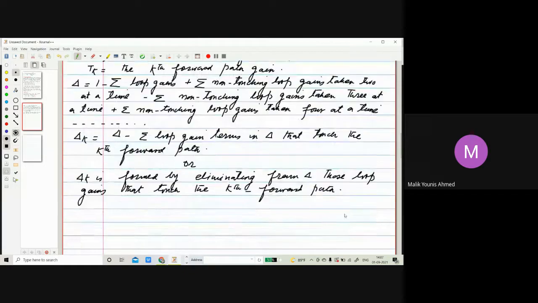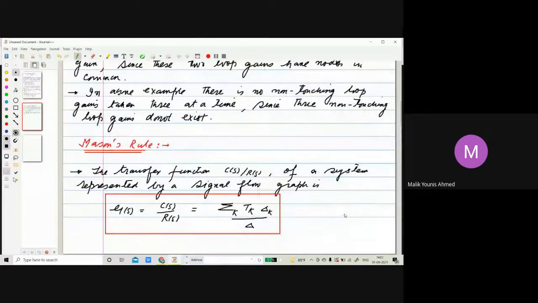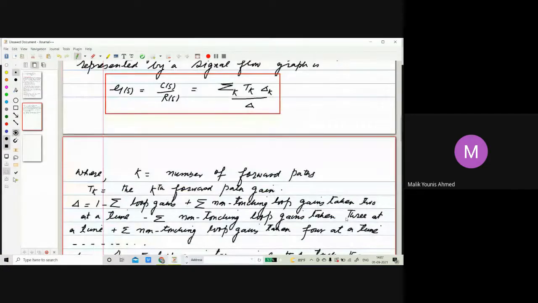These things we have to remember, and this is the formula, and we need to implement this when we have a signal flow graph type of a transfer function. Later we will see how to convert that into signal flow graphs also. For the time being, we will do some numericals. Okay.